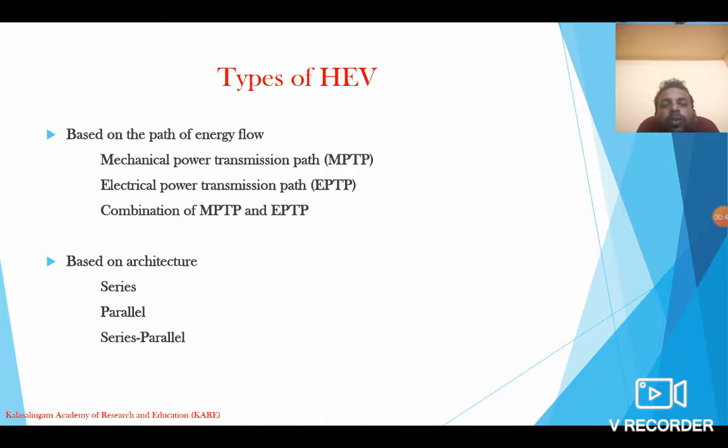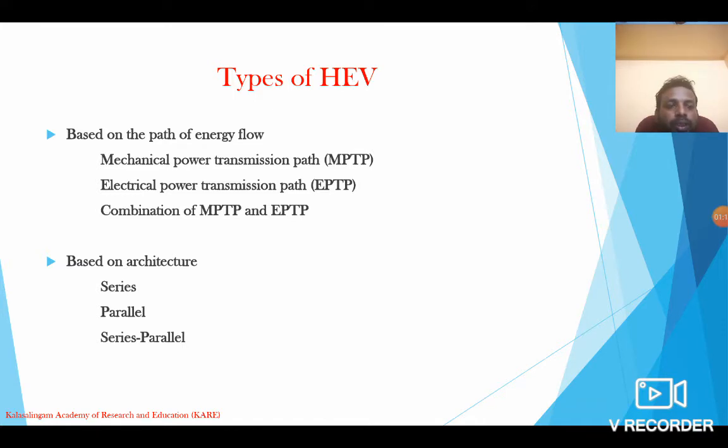So based on the power flow path from engine to driven wheel, it is classified into three types: one is the mechanical power transmission path, another is the electrical power transmission path, and the combination of both mechanical as well as electrical transmission path, right?